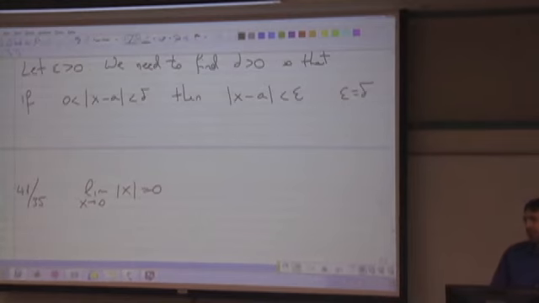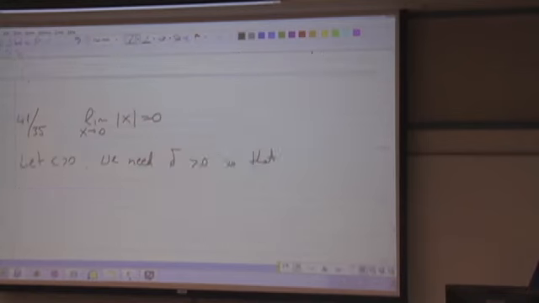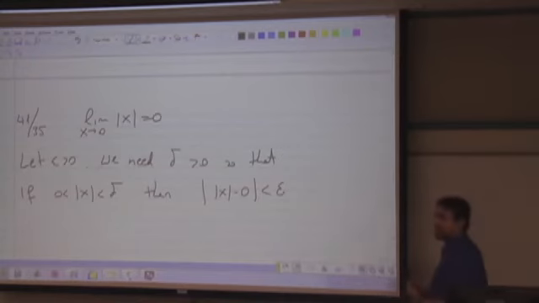Well, as it turns out, we can technically use the definition. I basically can say, let epsilon be bigger than 0. We need delta bigger than 0, so that if 0 is less than the absolute value of x, which is less than delta, then the absolute value of the absolute value of x minus 0 is less than epsilon. This is exactly the definition.